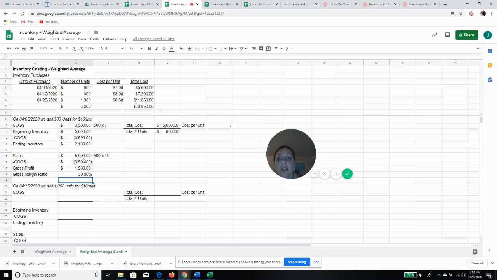Okay, looks a lot like FIFO and LIFO because in all three examples we only had one batch. So it makes sense that the cost of goods sold would be the same in all of them because we're pulling from the exact same batch in all three examples.